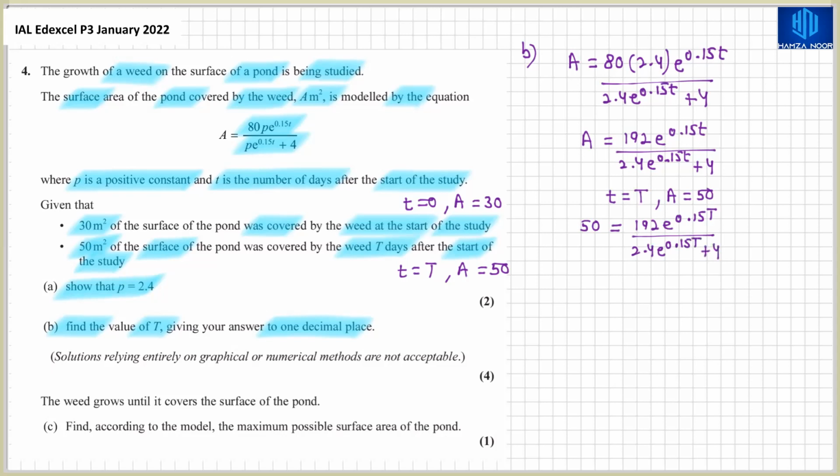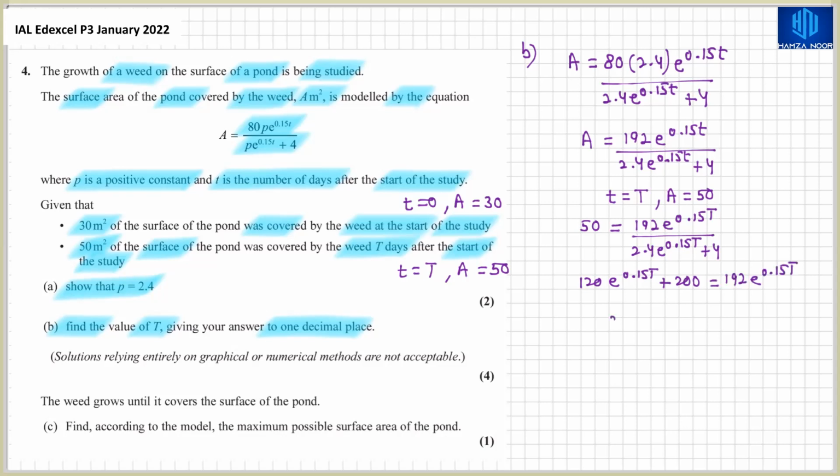All we need to do is solve this equation. 50 times 2.4 is 120, so 120 e^(0.15T) plus 50 times 4, which is 200, equals 192 e^(0.15T).